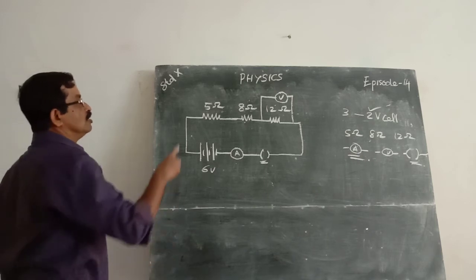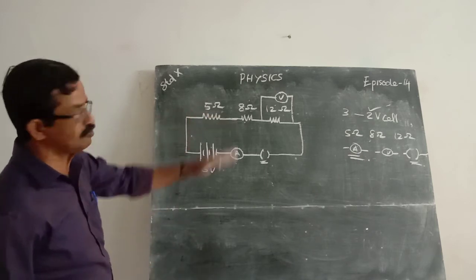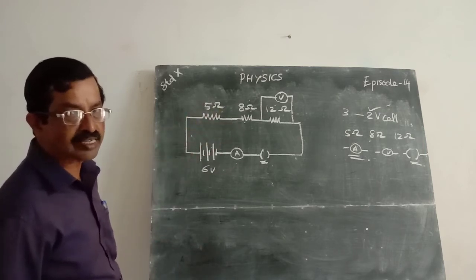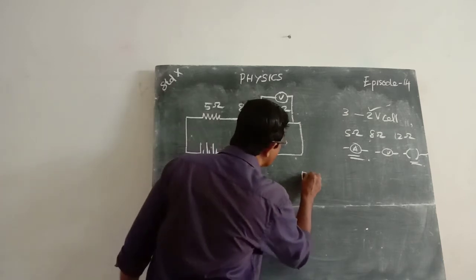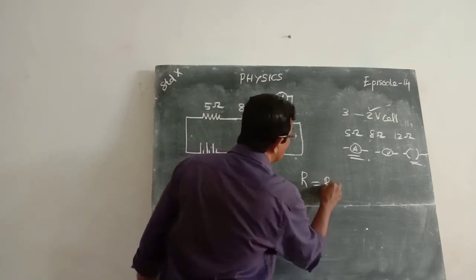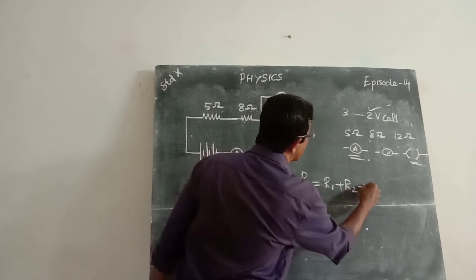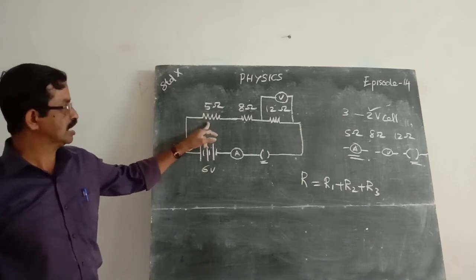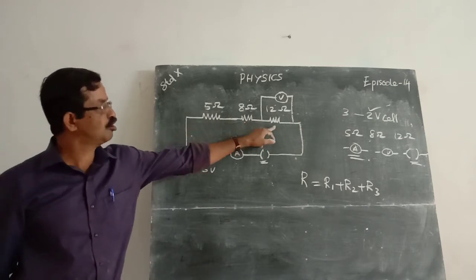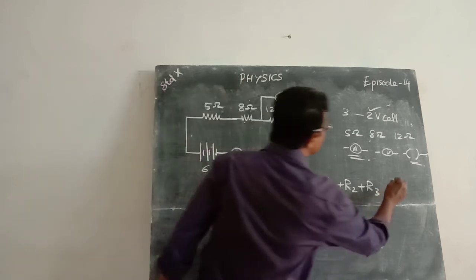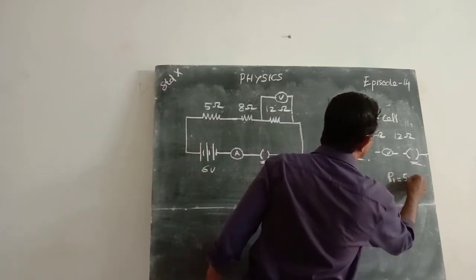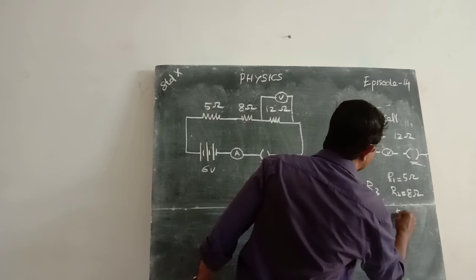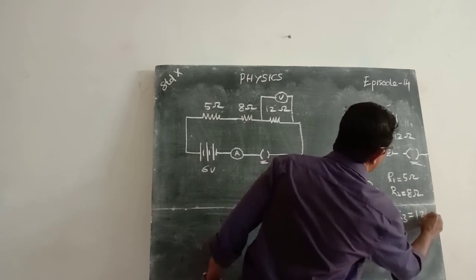To find the current, we first want to find the total resistance in the circuit. Total resistance R is equal to R1 plus R2 plus R3, because here three resistors are given: R1 as 5 ohm, R2 as 8 ohm, R3 as 12 ohm.